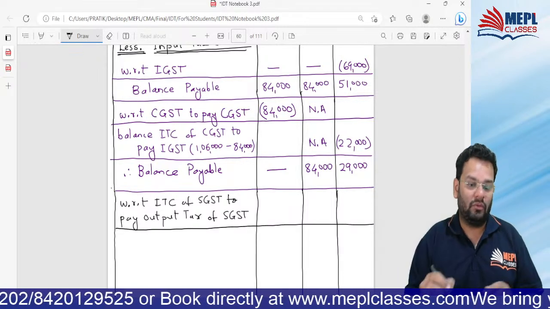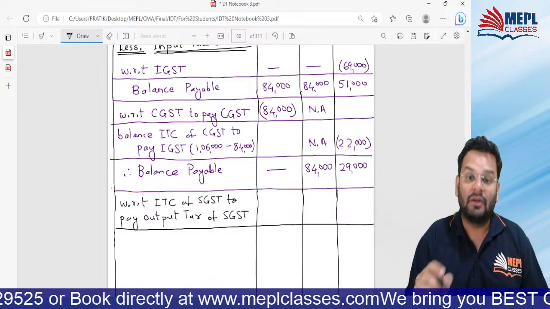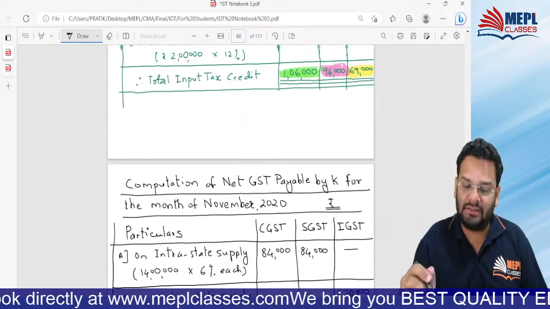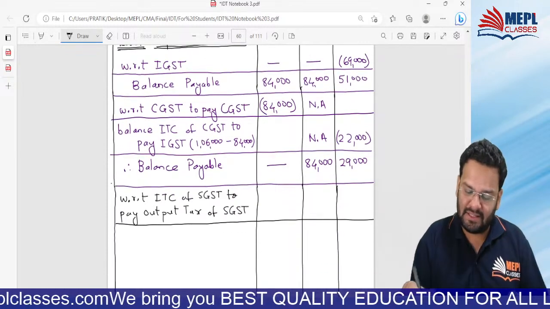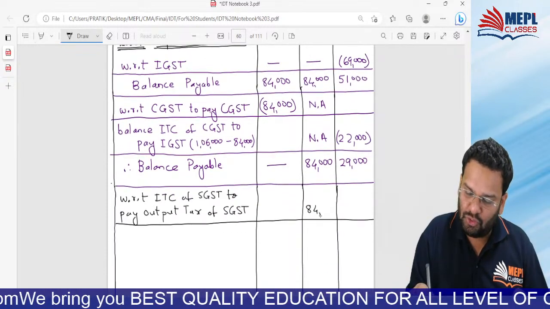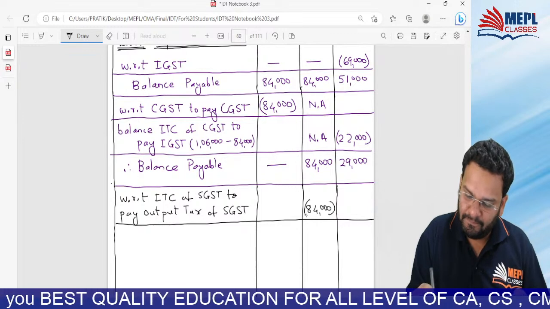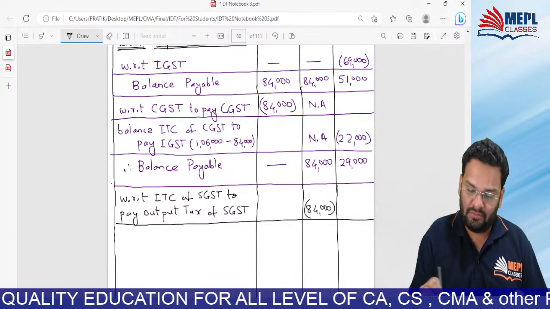Okay, so it is how much? Total it is 96,000. First use for SGST 84,000.